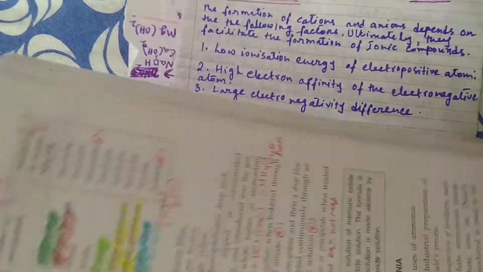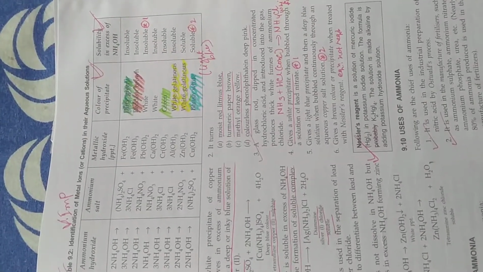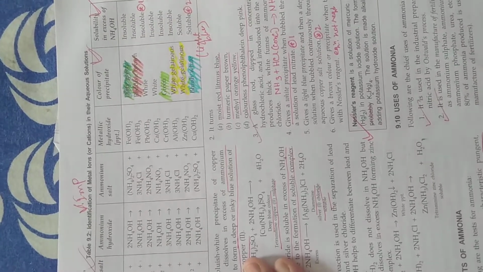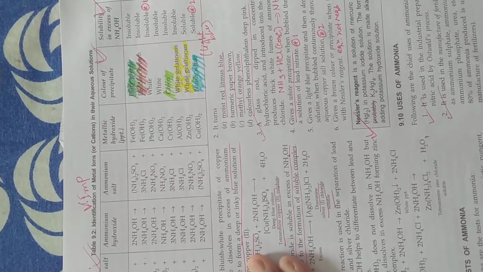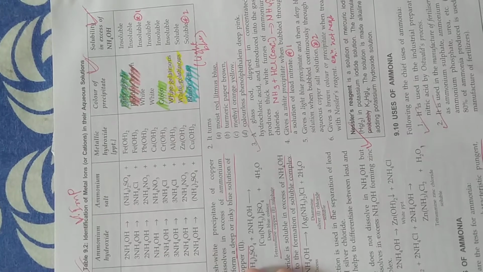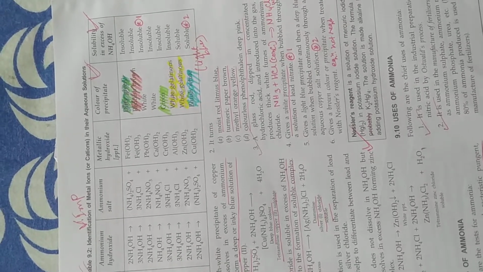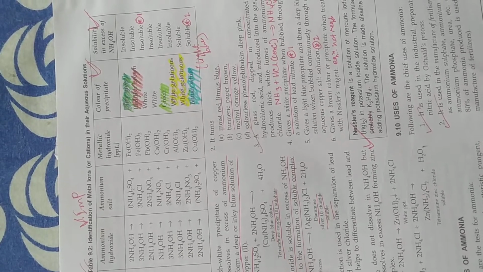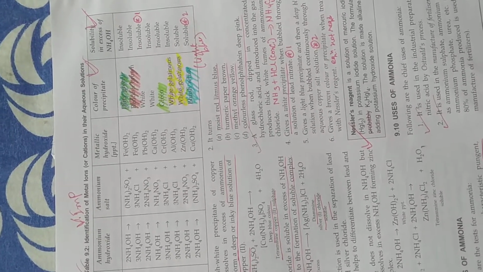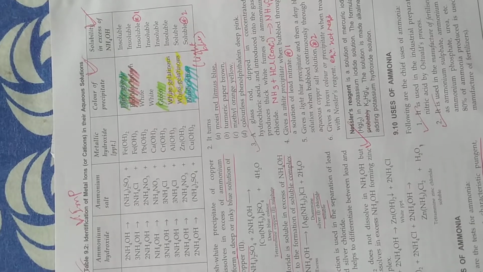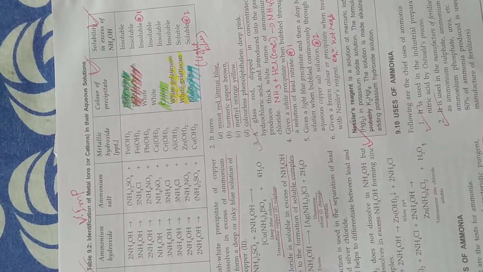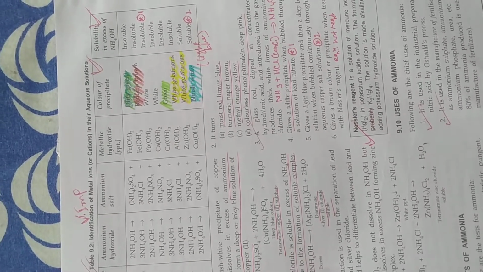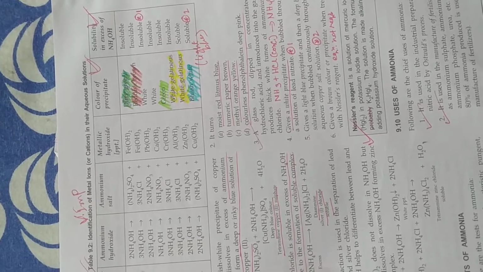These things you have already got in analytical chemistry, and here also I have marked the solubilities and the color of the precipitates for your benefit. And see again, different colors of precipitate are formed when the salt of a different cation reacts with ammonium hydroxide.